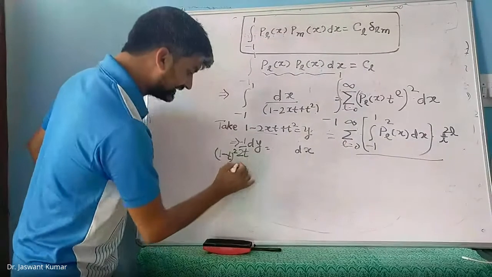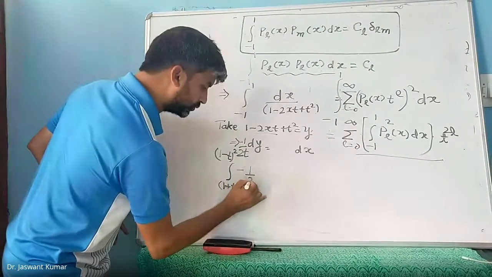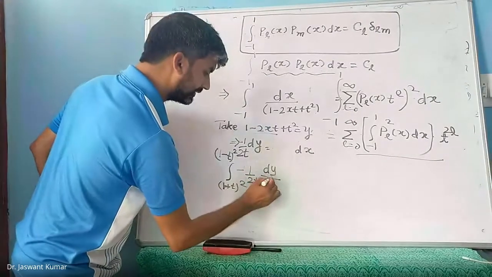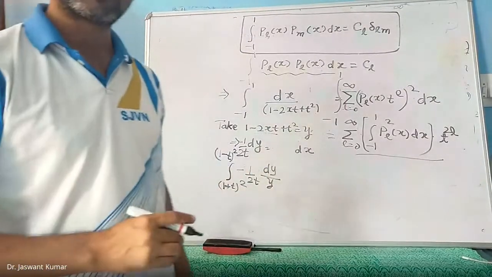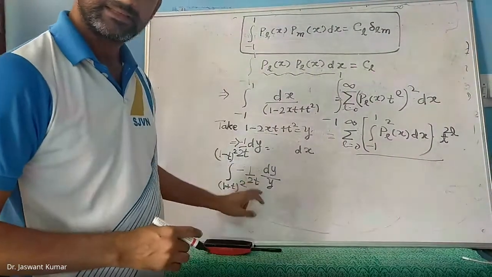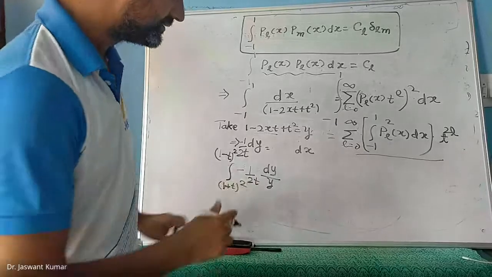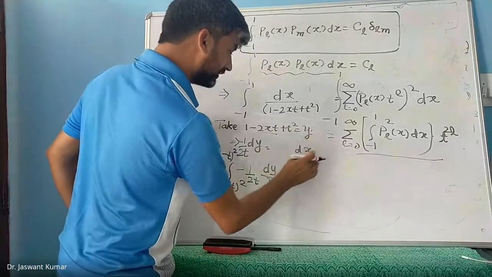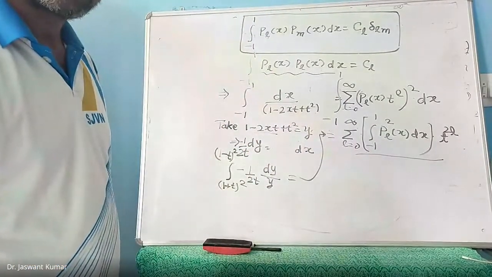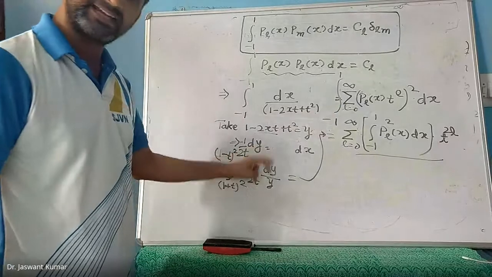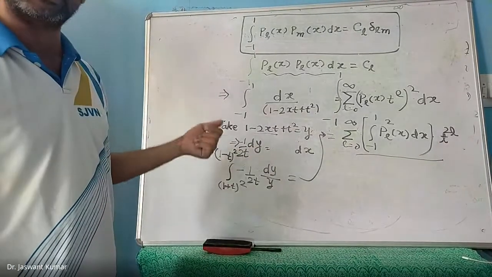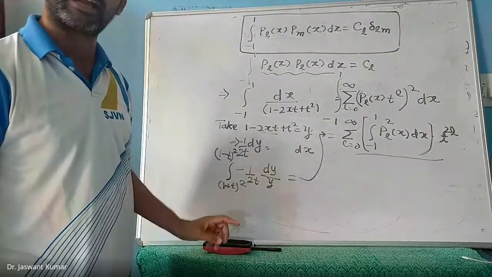So then there was a minus 1 by 2t dy by y. So this thing is equal to this. This integral of dy by y we know is logarithm of y. This 1 by 2t can come outside the integration because 1 by 2t is independent of y.